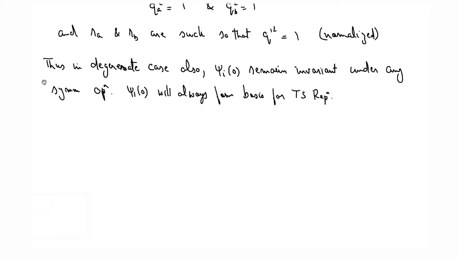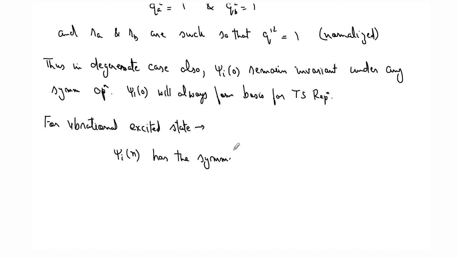Now let us calculate for the excited state, psi i1. So for a vibrational excited state, psi i n has the symmetry of the nth Hermite polynomial, right?